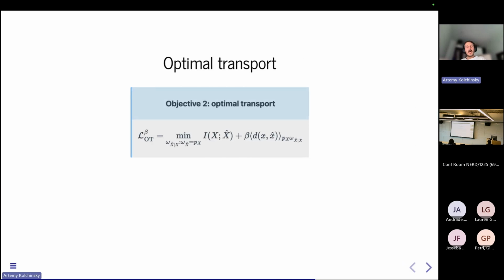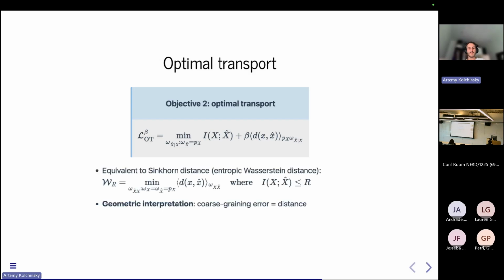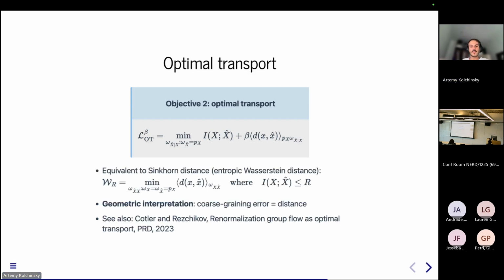There's another way to generalize this objective, which is based on optimal transport. It's similar. For the interest of time, I won't go into it, but I will if you ask me, so please feel free to ask me about it.